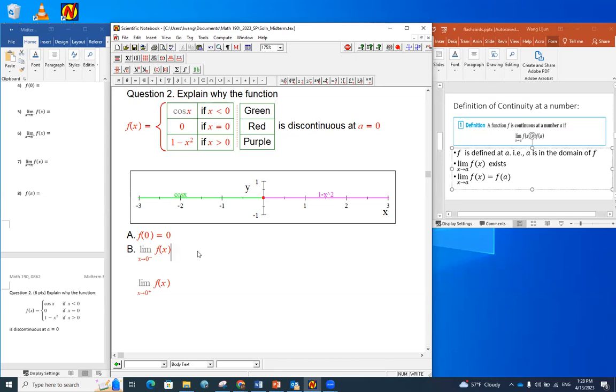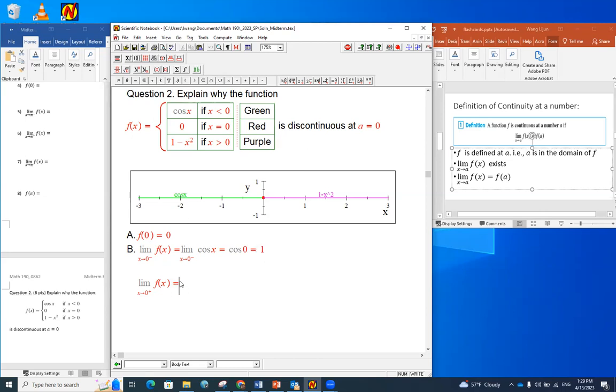On the left is cosine x. So on this piece, the limit as x approaches 0 from smaller than 0, the rule of the function is cosine x. Direct substitution, cosine 0 equals 1.